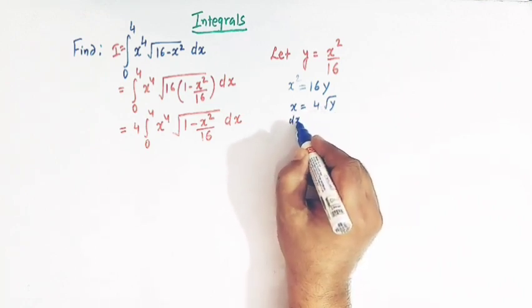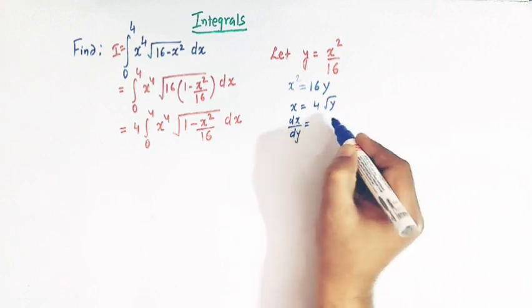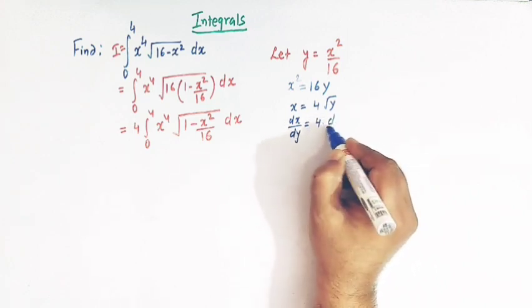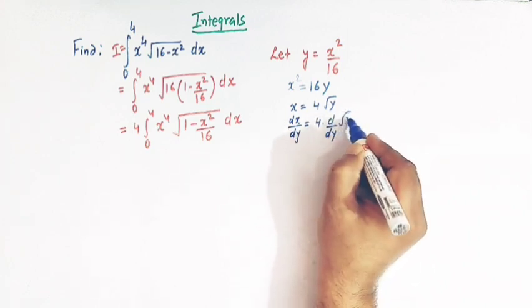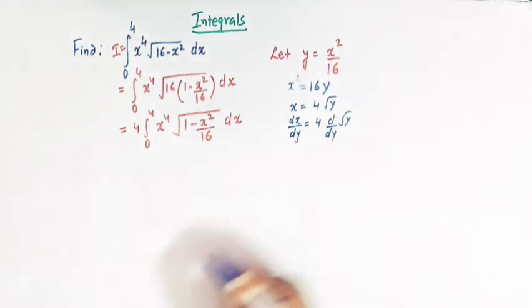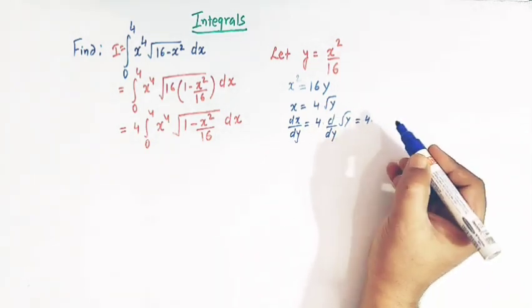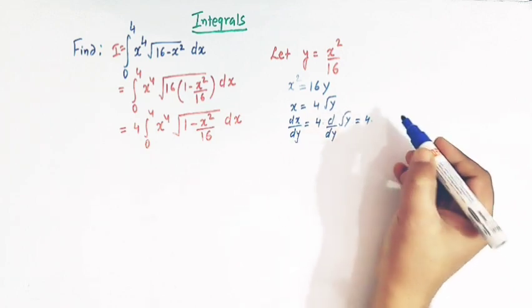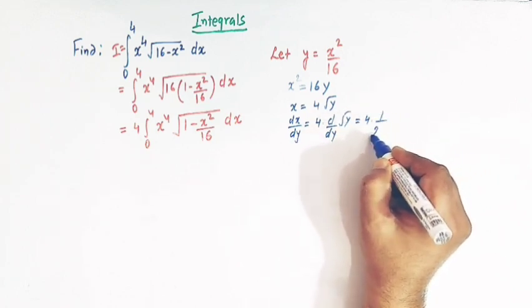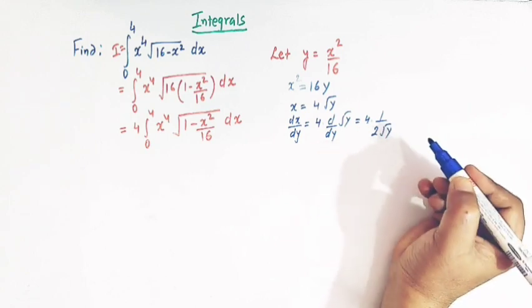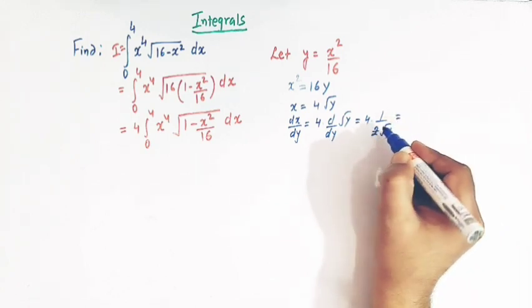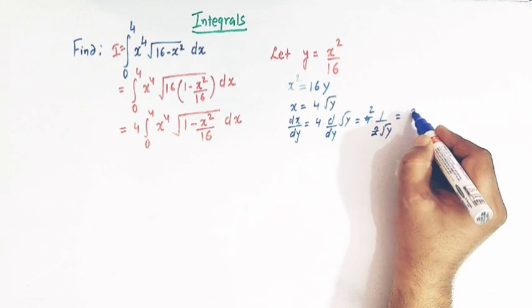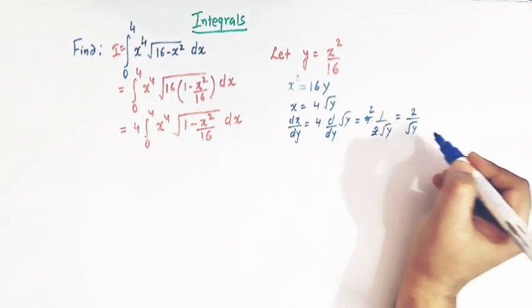Now let us differentiate both sides with respect to y. So we have dx over dy equal to 4 times the derivative of square root of y with respect to y. The derivative of square root of y is 1 over 2 times square root of y. So 4 times that gives 2 over square root of y.